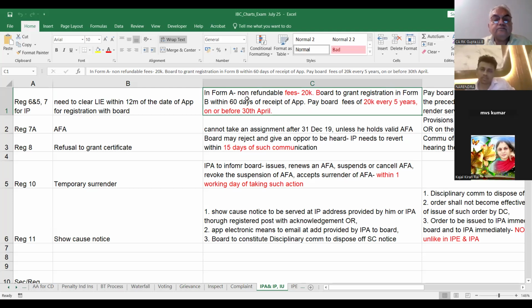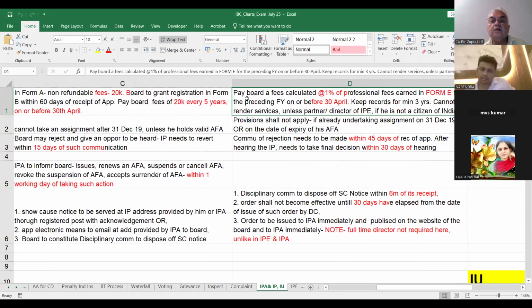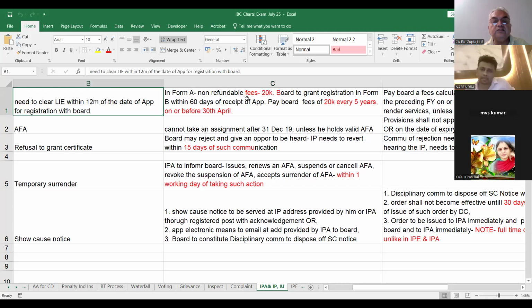Now, suppose the board has some objection, then what will happen? If the board has an objection, then they will revert.